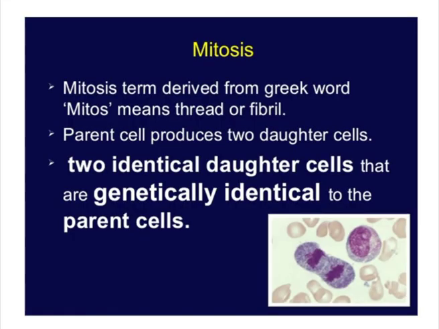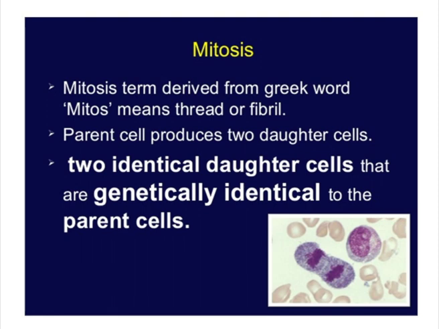Coming to our topic, mitosis. What is mitosis? Where can you observe it, for what purpose, and what is its significance? The term mitosis is derived from the Greek word mitos, meaning threads or fibrils. In mitosis, a parent cell produces two daughter cells.